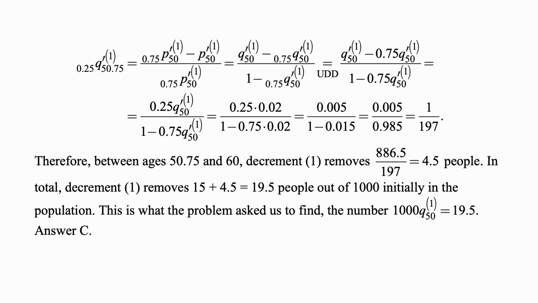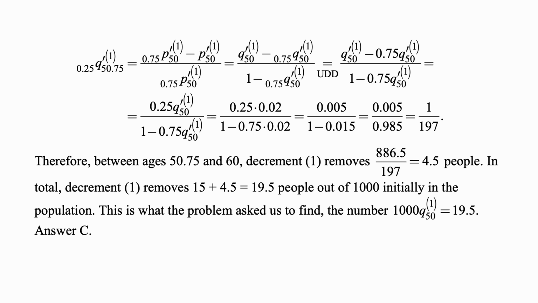You have to memorize things for actuarial exams, but what is the memorization of the UDD? The memorization is to remember that the subscript in front of q becomes a coefficient in front of q. That's really the key memorization. So the top now is 0.25 q prime 50 upper 1, divided by 1 minus 0.75 q prime 50 upper 1.